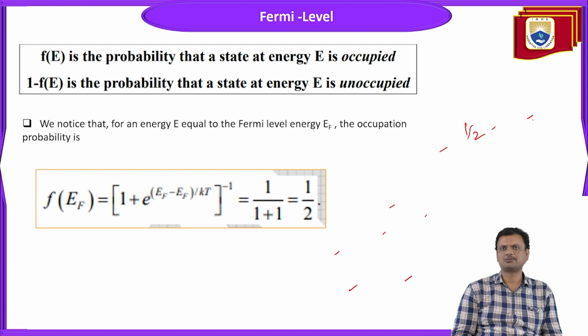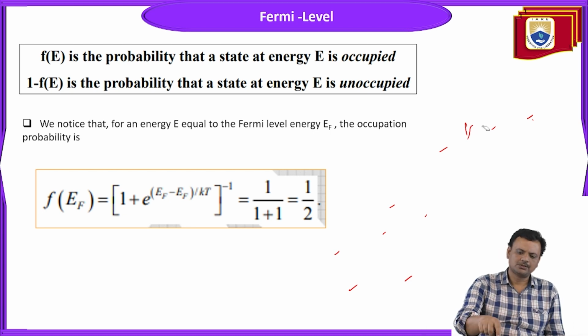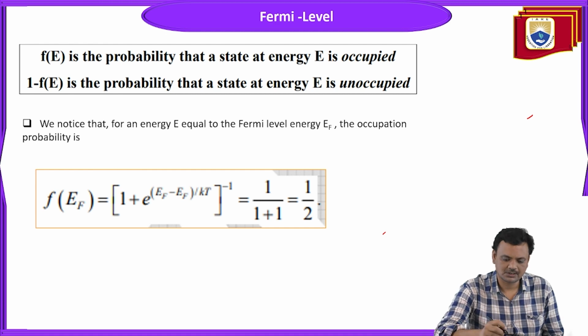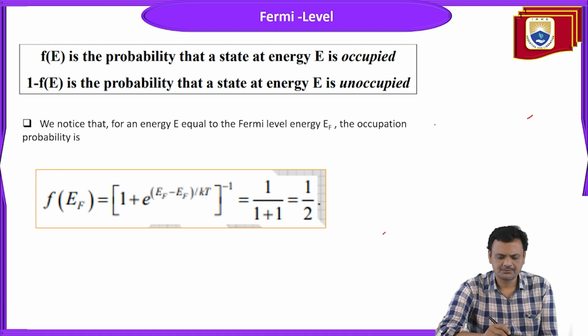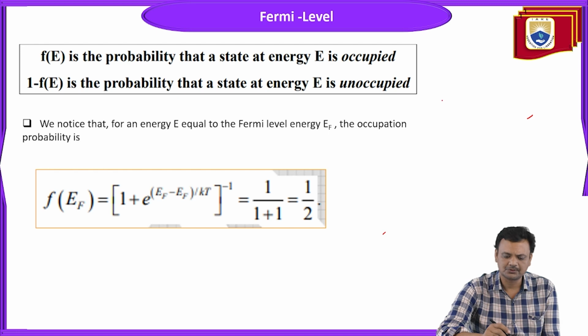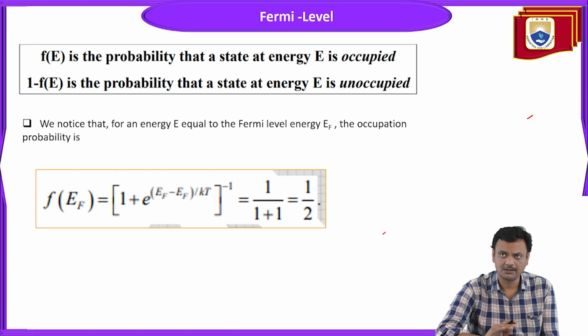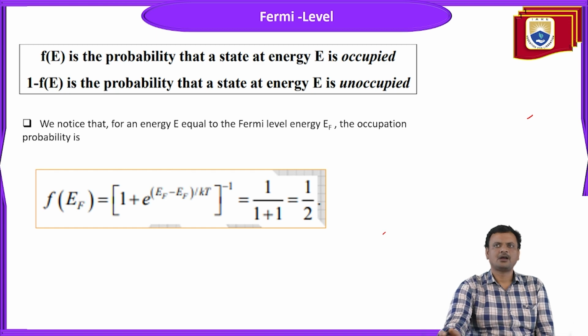Chance means probability. But this case will be different at absolute zero temperature. What happens at absolute zero temperature? You know from your solid state physics course that at absolute zero temperature, all the valence band levels will be completely filled and all the conduction band energy levels will be completely empty, unoccupied.